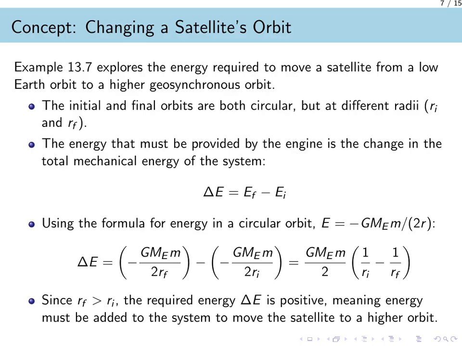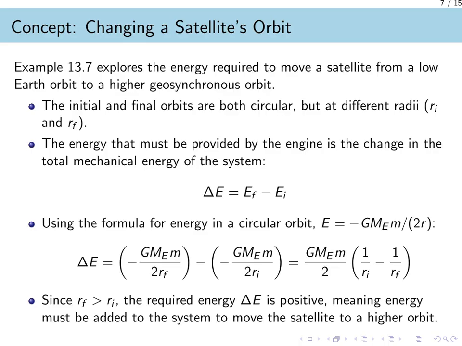After simplifying the algebra, the change in energy, delta E, equals the quantity G times m, all over 2, multiplied by the difference of 1 over R sub I minus 1 over R sub F.